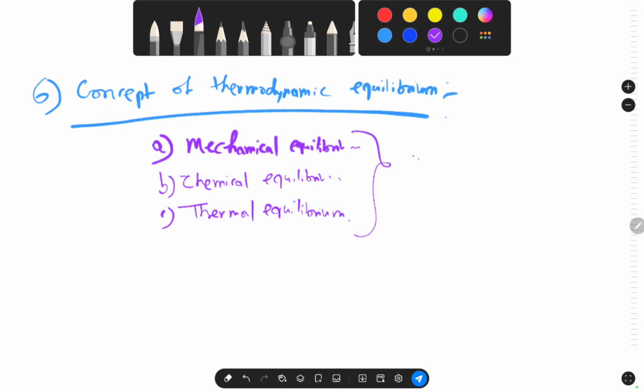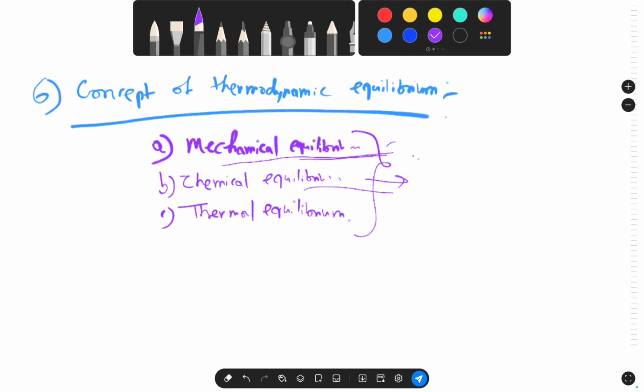Now when the mechanical equilibrium condition is satisfied, when there are no unbalanced forces present within the system and between the system and surroundings, then the system has reached mechanical equilibrium. When there is no chemical reaction taking place within the system and no mass diffusion between different parts of the system, then the system is in chemical equilibrium.